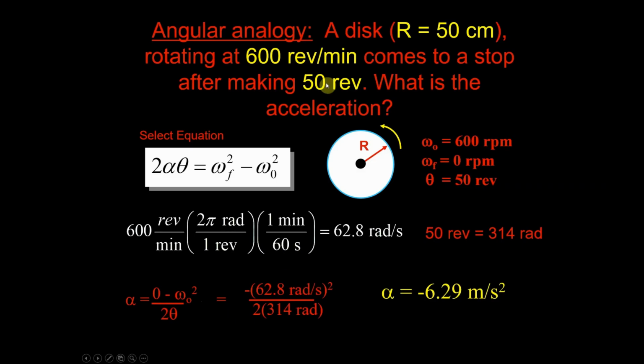Theta, the total rotation, is not just 50, but 50 times 2 pi. So we're in with 314 radians for 50 revolutions. So here, alpha is 62.8 squared over 2 times 314. That will give us negative 6.29 radians per second per second.